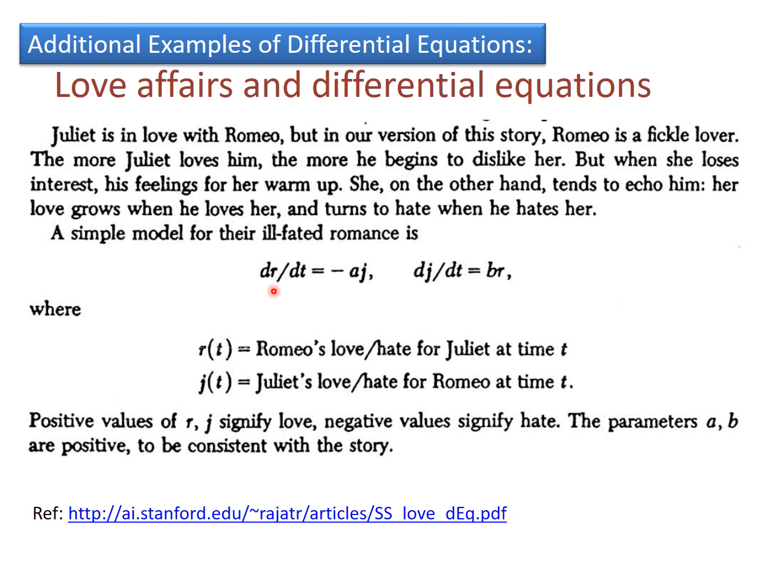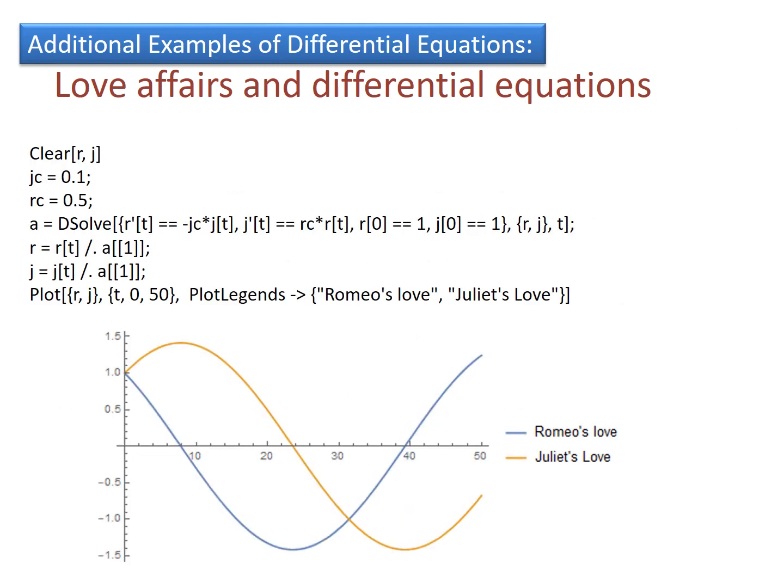And if every time Juliet loves him, he does not love her back, then the rate of change of Romeo's love is negatively affected by the love of Juliet. On the other hand, if Juliet's love is directly proportional to how much Romeo loves her, you can model this and then get a trend similar to this.